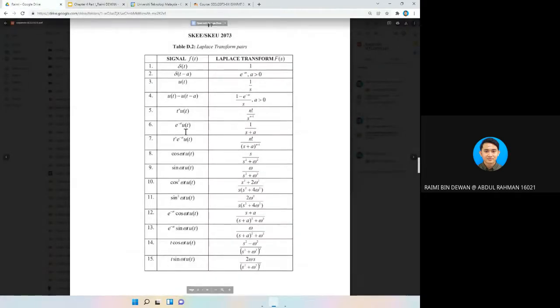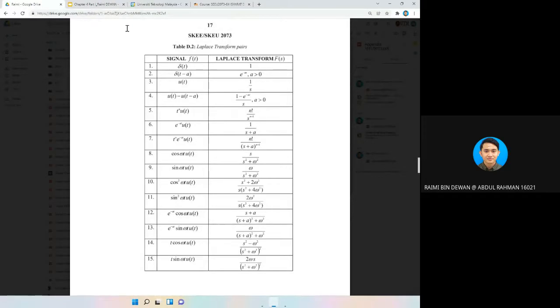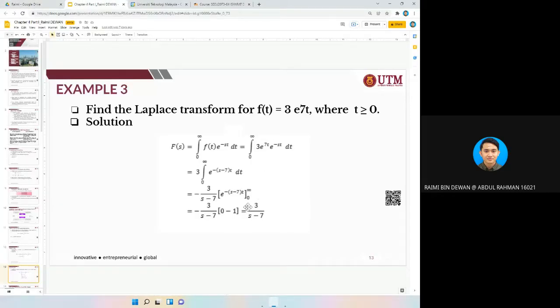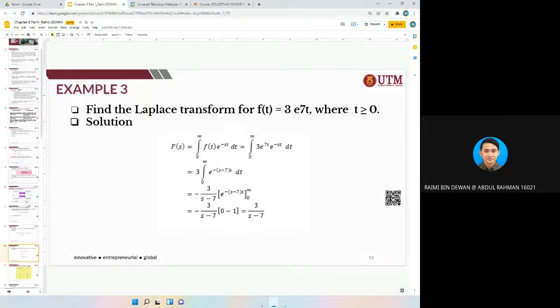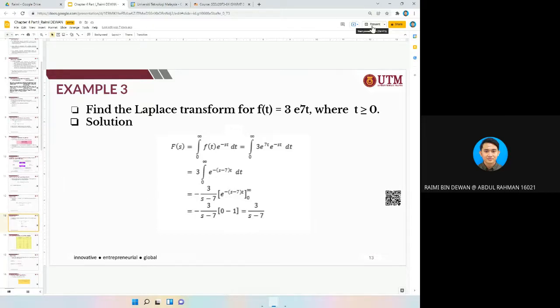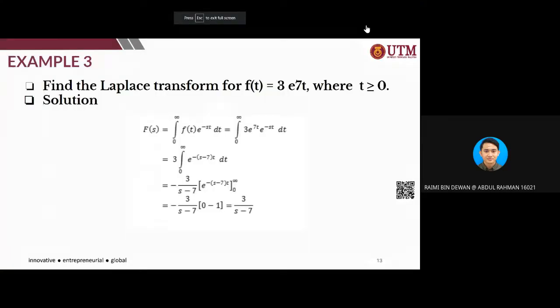You see here, we have s plus a, so here it is s minus 7. You can use the table directly if there is directly the information. If not, you need to do algebraic manipulations, or do the integration. Just try to see what is the fastest way to solve the problem.